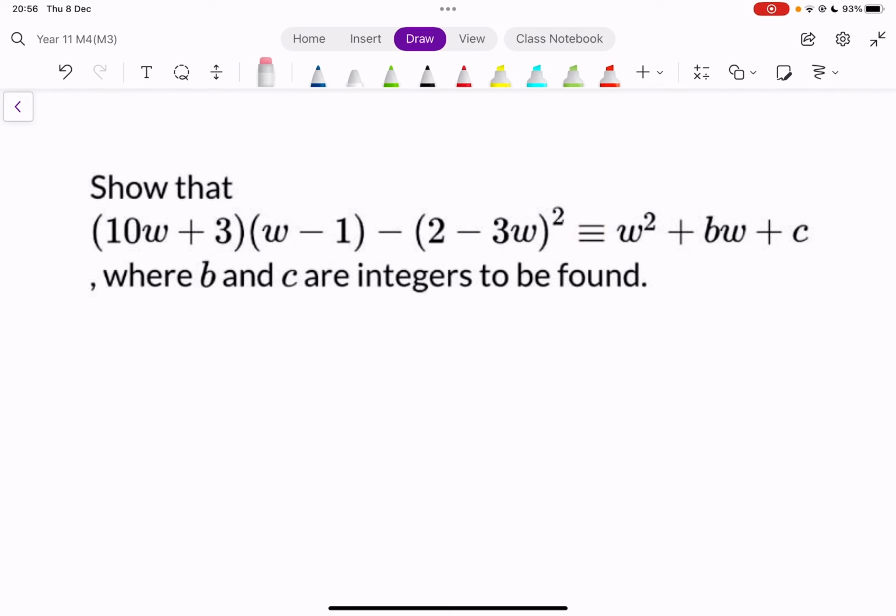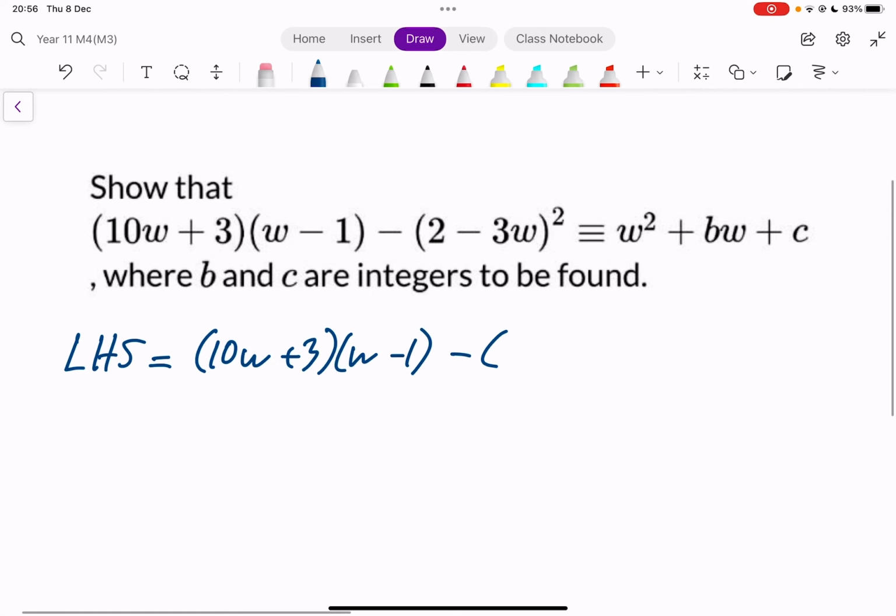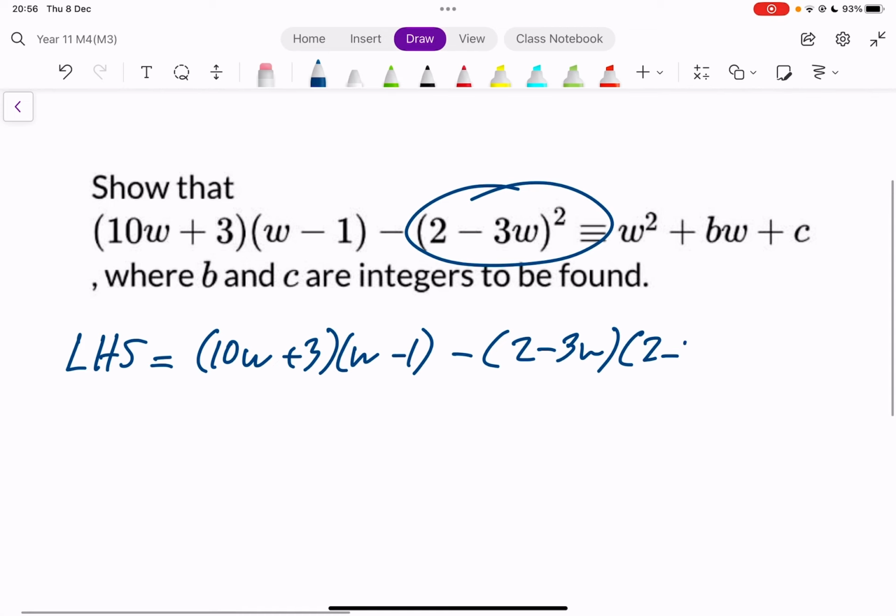So to do this, what we're going to do is multiply out the left hand side. So we're just going to say LHS equals, and we're just going to go ahead and multiply that out. I'm going to write it out again, just making one tiny wee change, and that is to write this bit as (2 - 3w)(2 - 3w), and then we'll just get cracking multiplying this out.